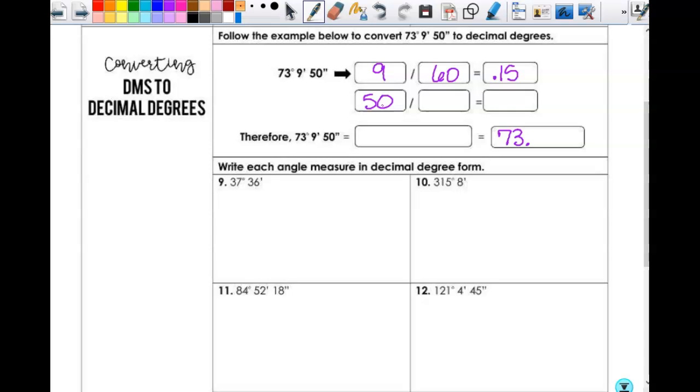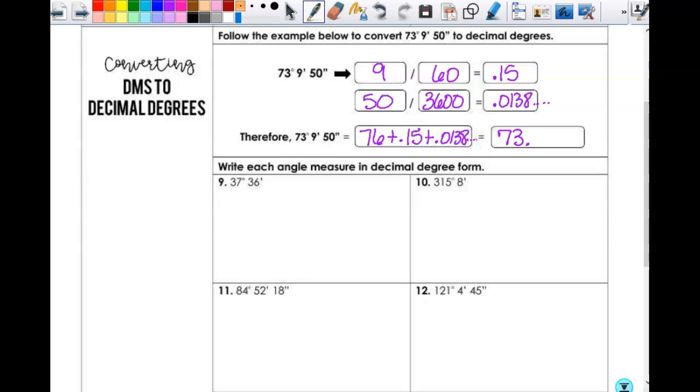So I'm going to have to divide and then divide again, which means I'm really dividing by what? 3,600, yeah. So I do 50 divided by 3,600, and I get 0.0138 repeating, right? So what I'm going to add here is 73 plus 0.15 plus the 0.0138 repeating.